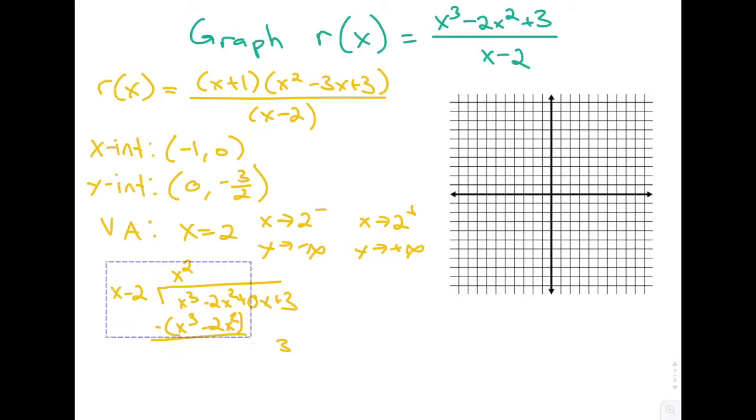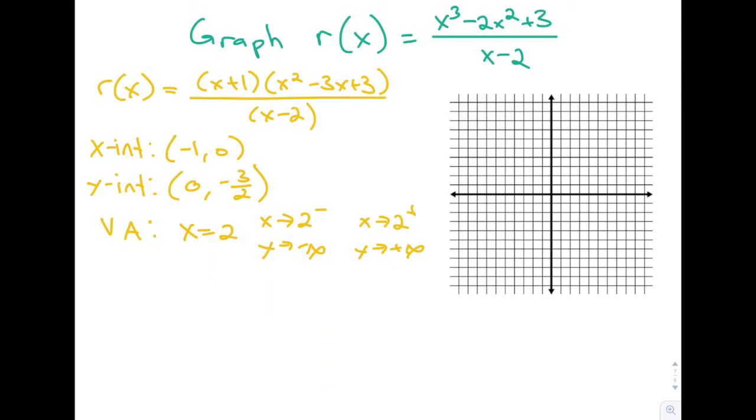So we can rewrite our rational function as x squared plus 3 over x - 2. So this tells us that our asymptote, I'll just write asymp, is the parabola y = x squared.